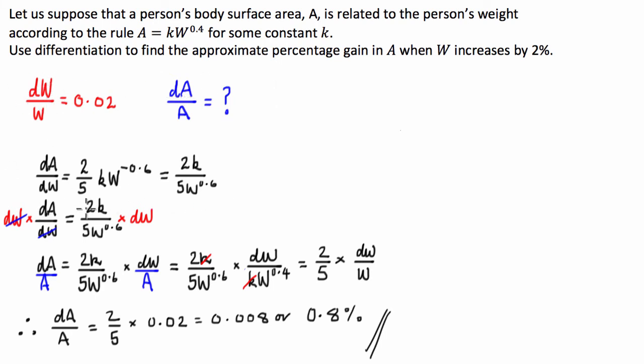Then I used a couple of steps of algebra to manipulate the derivative expression so I could come out with dA over A in terms of dW over W, so my unknown percentage change in terms of my known percentage change. Then all I have to do is plug in the value that I had for this one, and then it's a bit of multiplication and we come out with our answer.